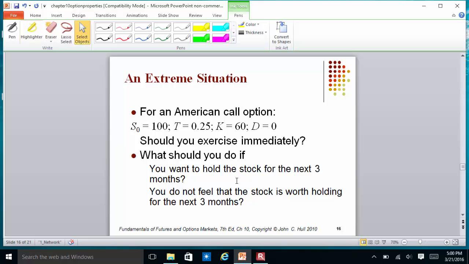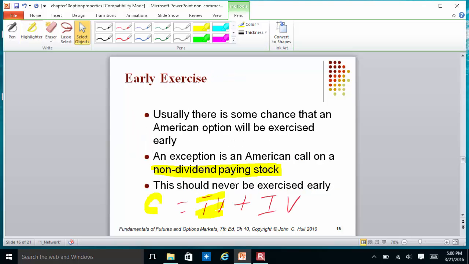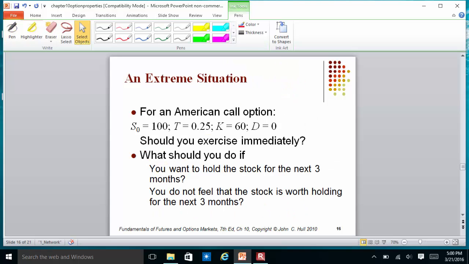Typically, you will want to exercise early if the dividend that you get is higher than the time value. So here, let's say the dividend is $2 and the time value is like $1. Clearly it makes sense for you to exercise early and capture the dividend.